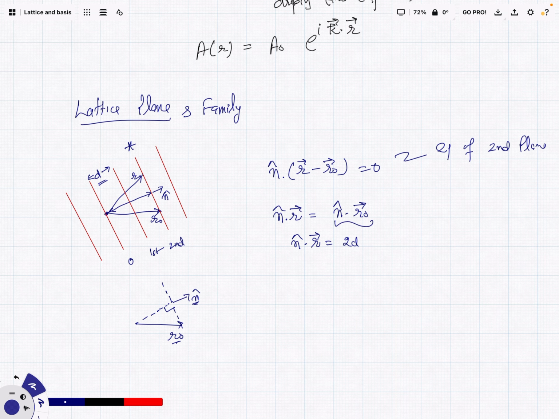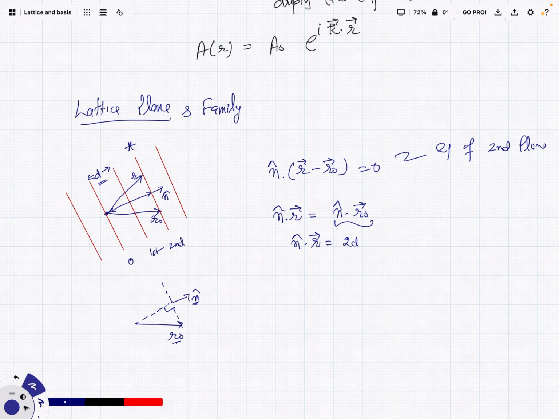Okay. So what I'm saying is r minus r naught is in the plane. This vector, you see this r minus r naught vector. If you take these two vectors and you do a subtraction, how do you do the subtraction? Vector subtraction.